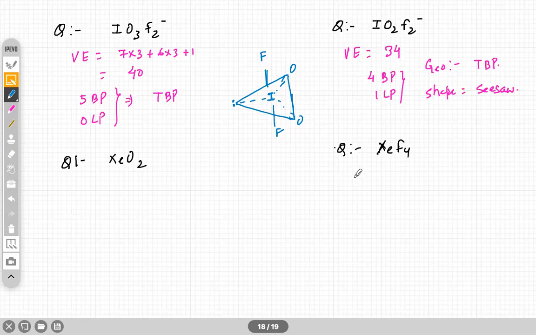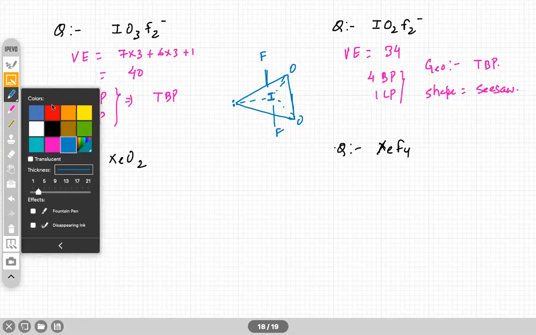One more thing is important here, I'll just explain it here only. In trigonal bipyramidal geometry, there are 2 types of bond length in trigonal bipyramid, okay? This bond is the axial bond. Right down here.